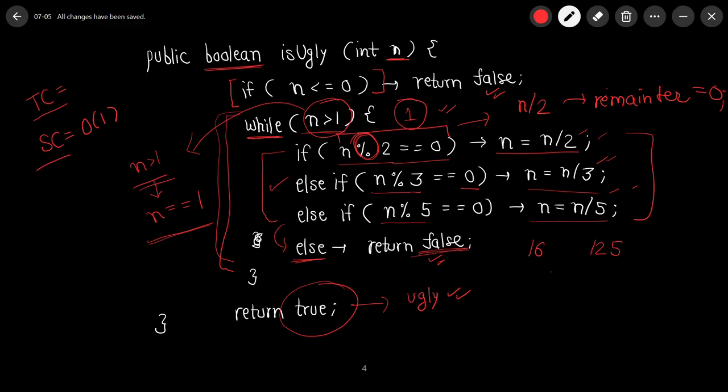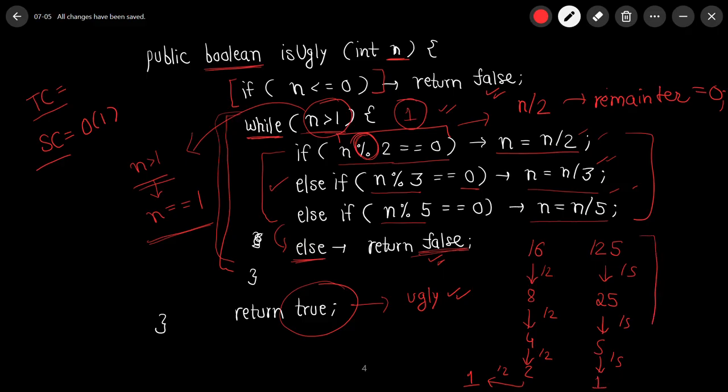125. Suppose we reduce this: we divided by 2, we got 8. Then by 2, we got 4. Then by 2, we got 2. And then by 2, we got 1. And similarly, this one we divided by 5, because 2 and 3 won't be able to divide it, right? So here we would get 25, then again divide by 5 and get 5, then again divide by 5 and get 1.